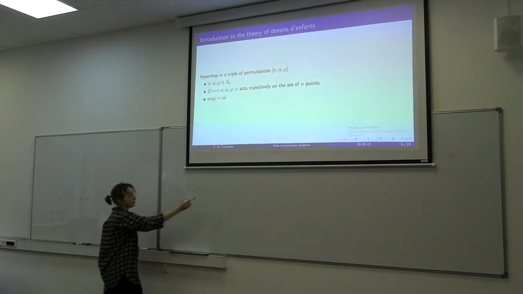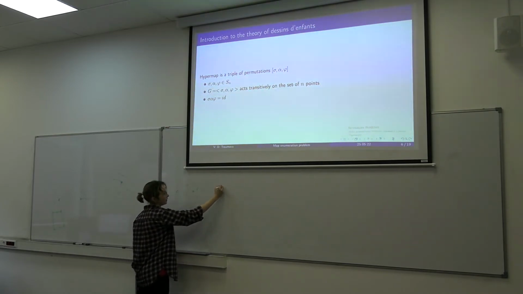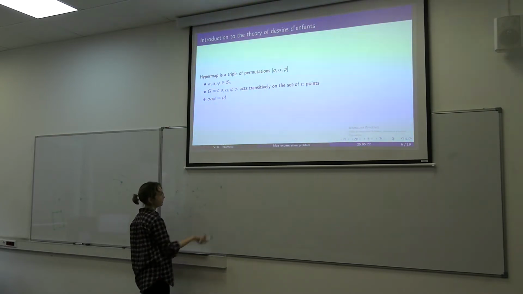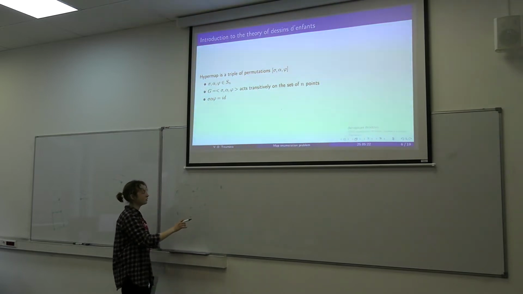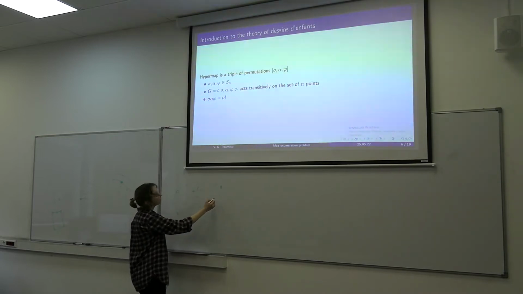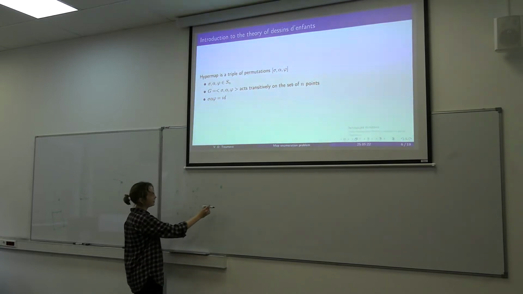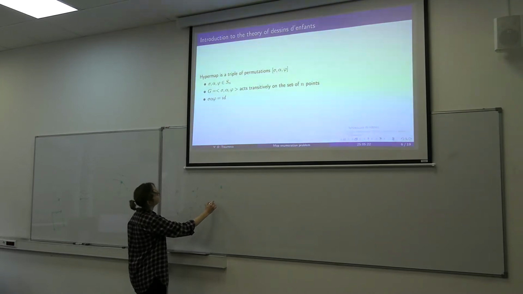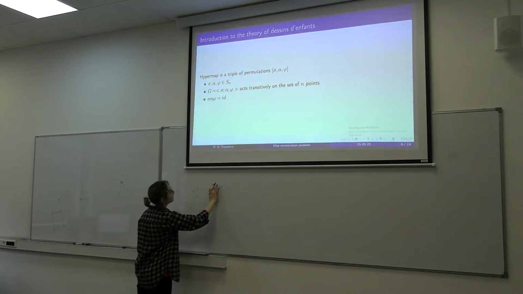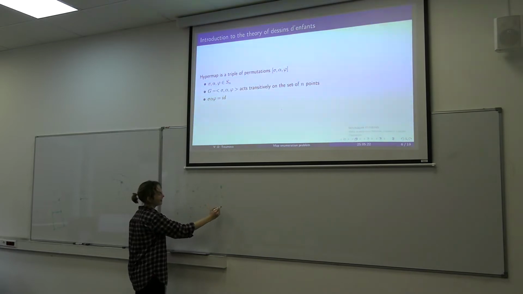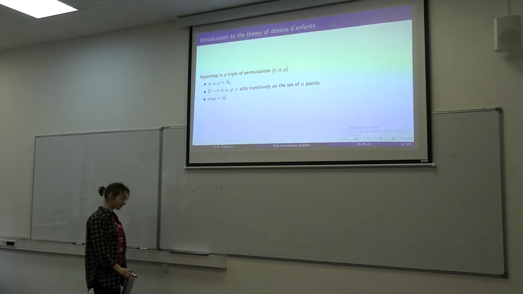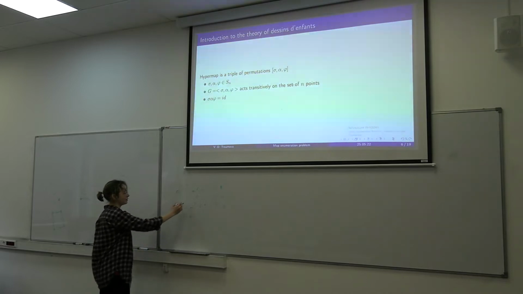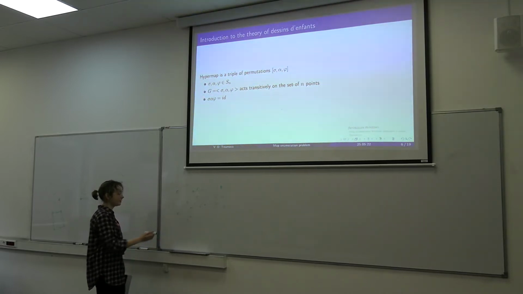So the first permutation will be for black vertices. This will be phi. I'll write it explicitly. The next permutation will be for white vertices, and the third permutation, this was sigma, sorry, phi, is for the centers of faces.